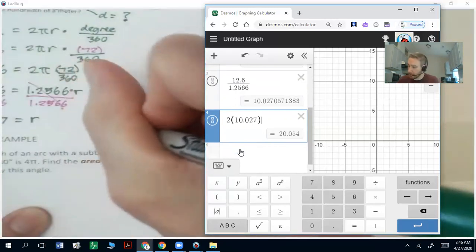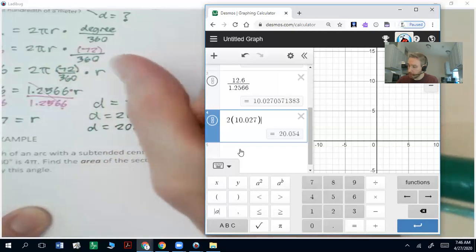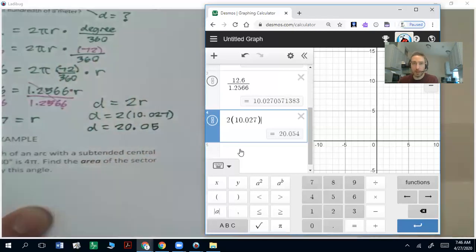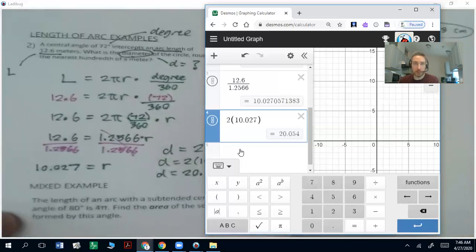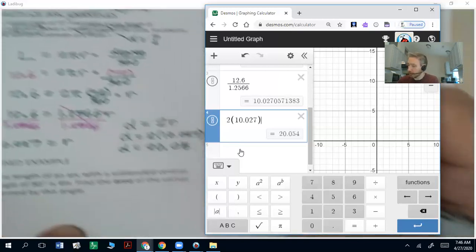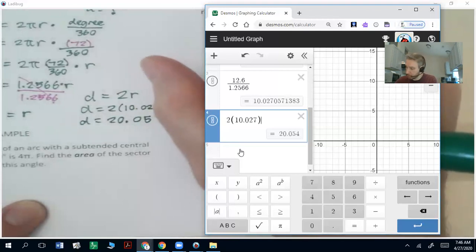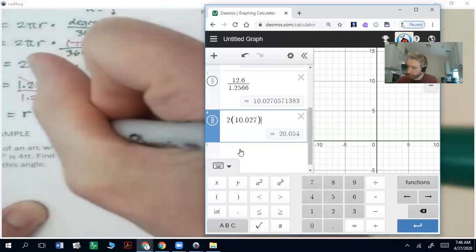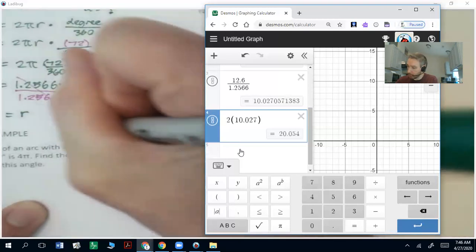So my diameter is, I'll say, 20.05. And let's look at our units. Our units are going to be in meters. Diameter is a length, so we'll say meters. And that's your problem.